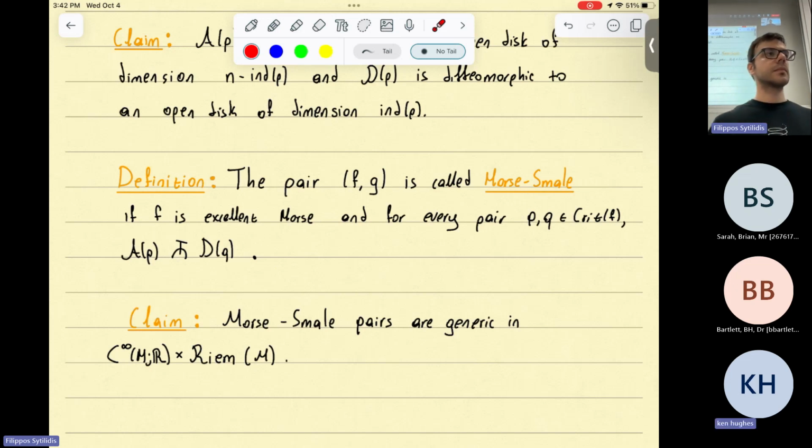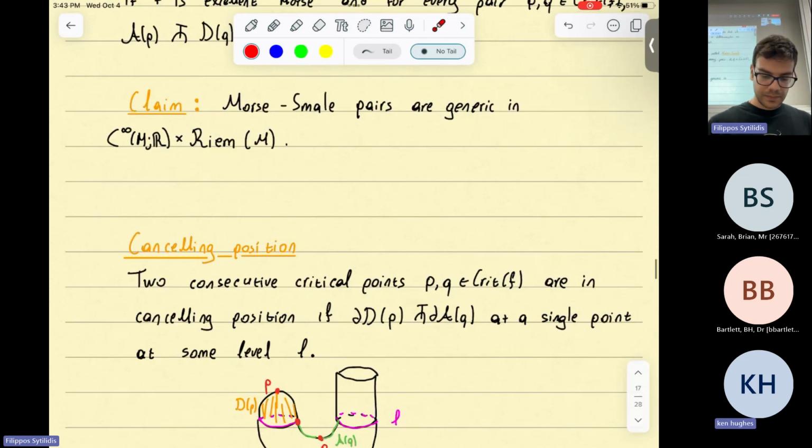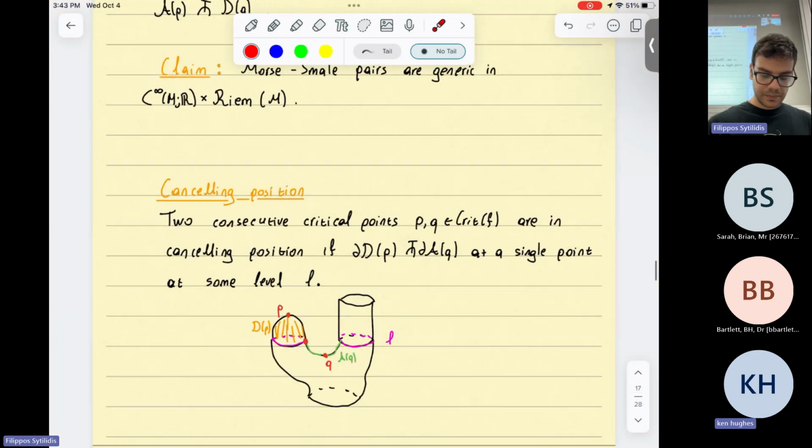It seems to me like, didn't you say that the ascending disk intersects in the level set, because in our picture they're not intersecting transversely in M. Shouldn't you add that as a proviso here? In the definition, because otherwise this would be Morse-Smale.